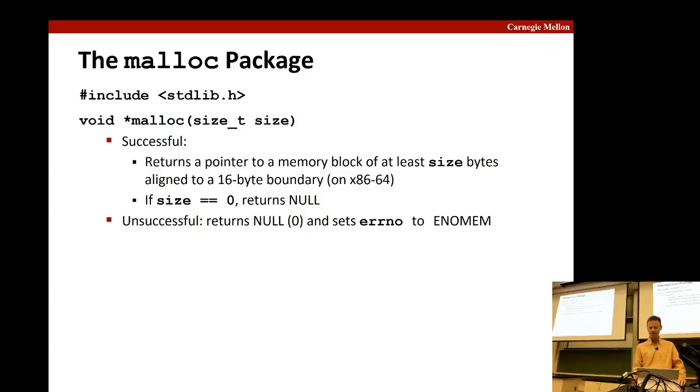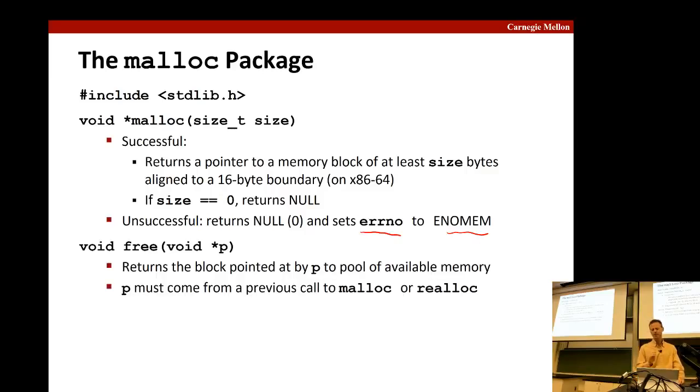It also sets errno to a special value by Unix convention, but typically people don't pay attention to that. The flip side is, of course, the free function. You give it a pointer. Notice you don't give it a size. You just give it a pointer, and it basically says, I'm done with that piece of memory. For correctness, that pointer had better point to something that was returned by malloc or realloc.